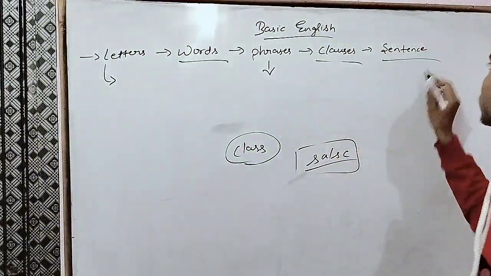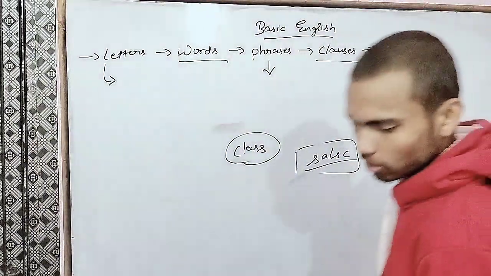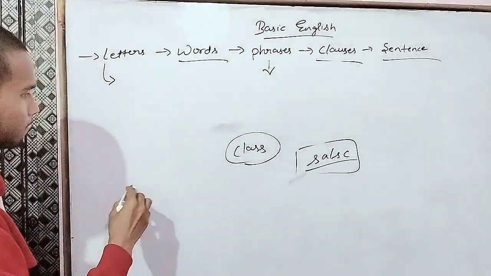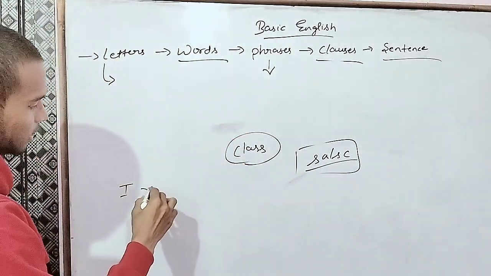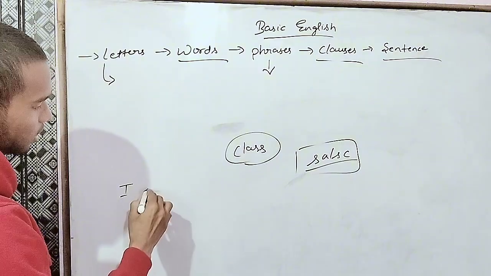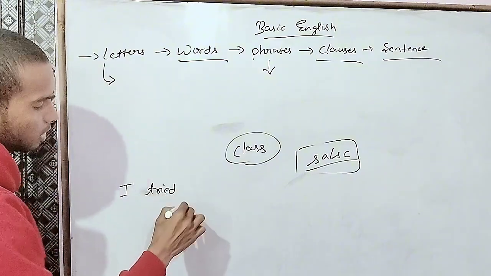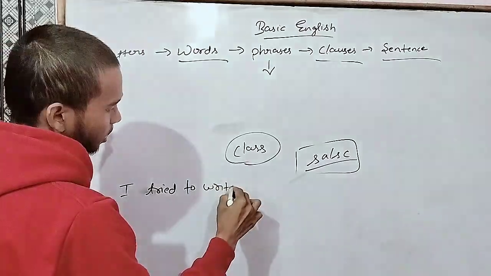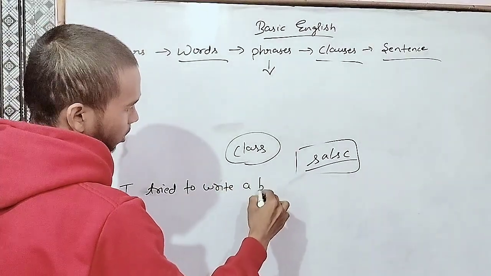Then sentence. What is the meaning of a sentence? It says, I tried to write a book.